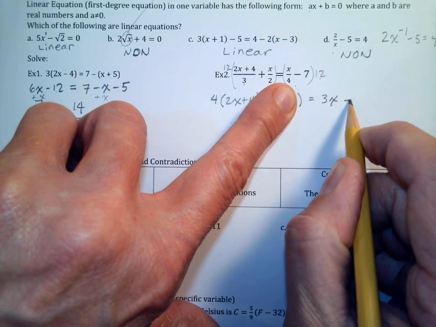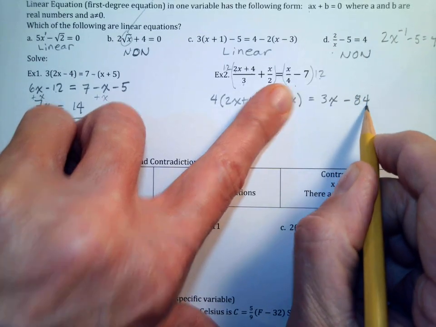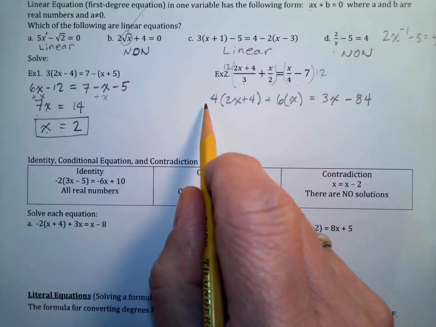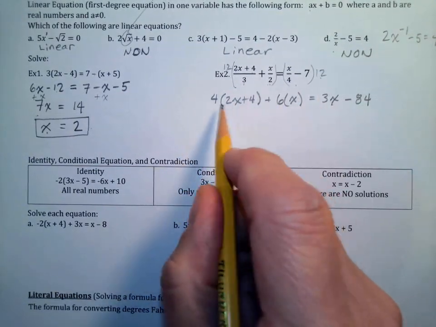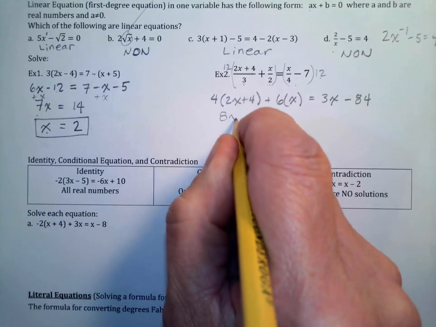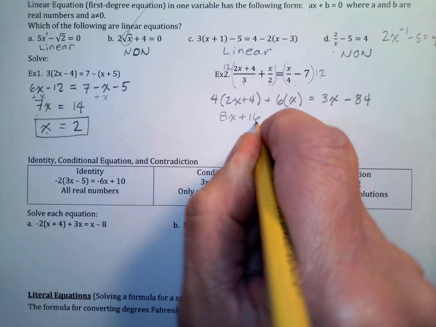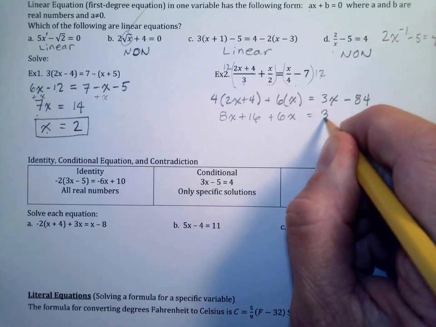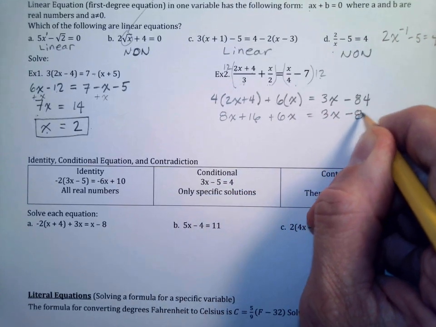And then minus 84, because 7 times 12 is 84. Okay, so I would probably have already simplified these, but it's not bad to go ahead and do it in another step. So we have 8x plus 16 plus 6x equals 3x minus 84.